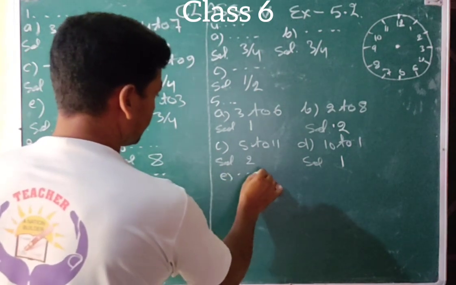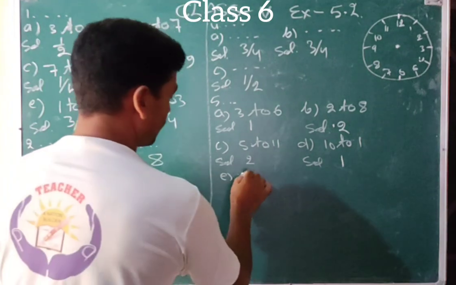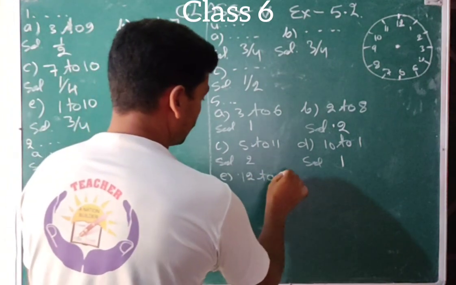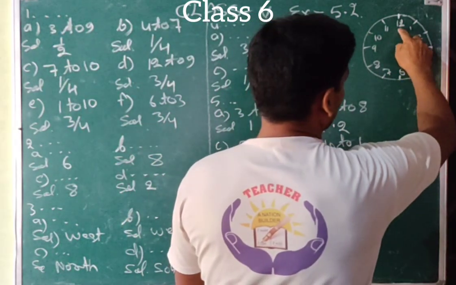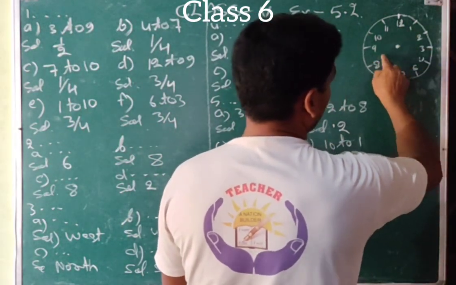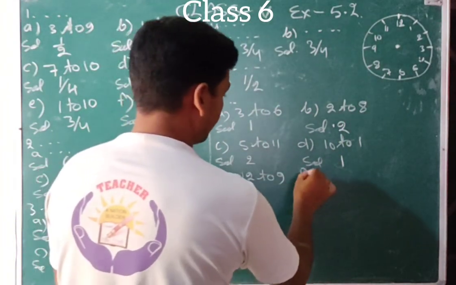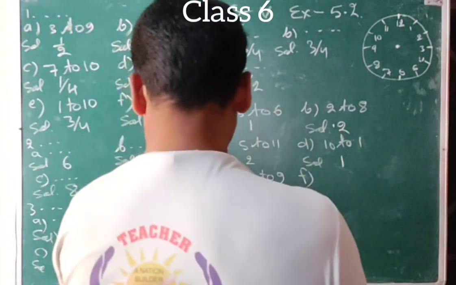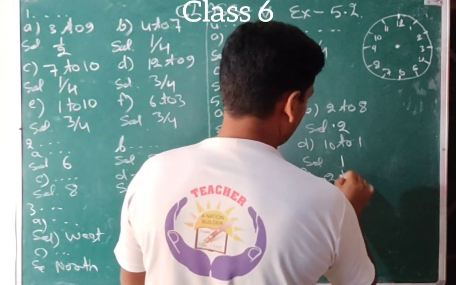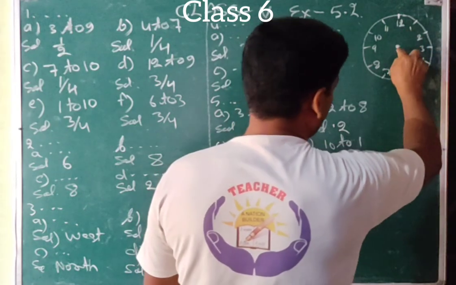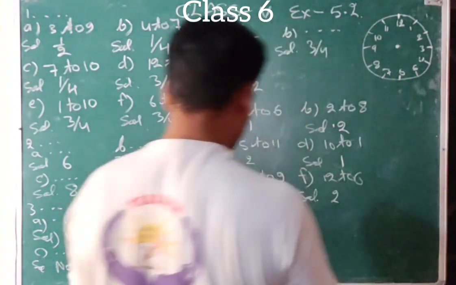E part is 12 to 9, that will be 3 right angles. F, 12 to 6, it means a straight line, it means 2 right angles.